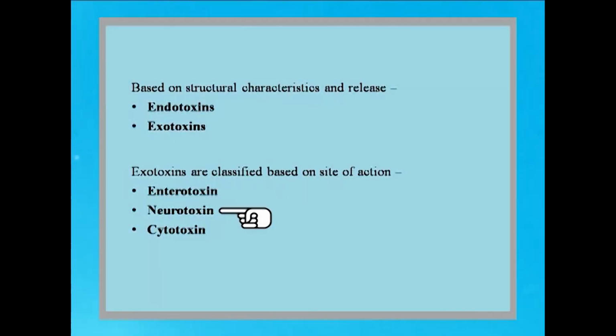So these exotoxins, based on the site of action, can further be categorized into three important categories, and they are enterotoxin, neurotoxin and cytotoxin. Enterotoxin refers to the toxin which acts on the enterocytes, that means the cells of the gastrointestinal tract.